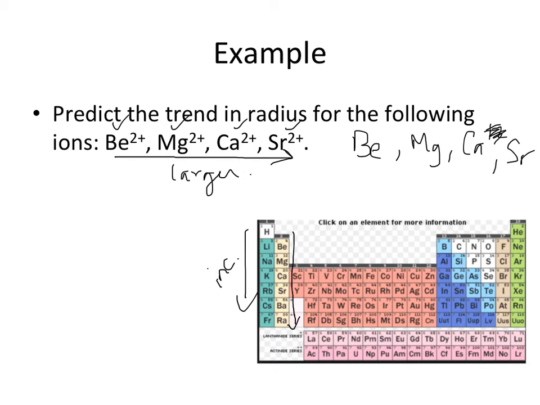So if you are comparing the neutral versus the ion, in this case, the cations are going to be smaller than the parent atoms. However, in this case, they're just asking you to predict the trend for just the ions, and as you go from top to bottom, you're getting larger. So in this case, that would be your answer for this respective question.